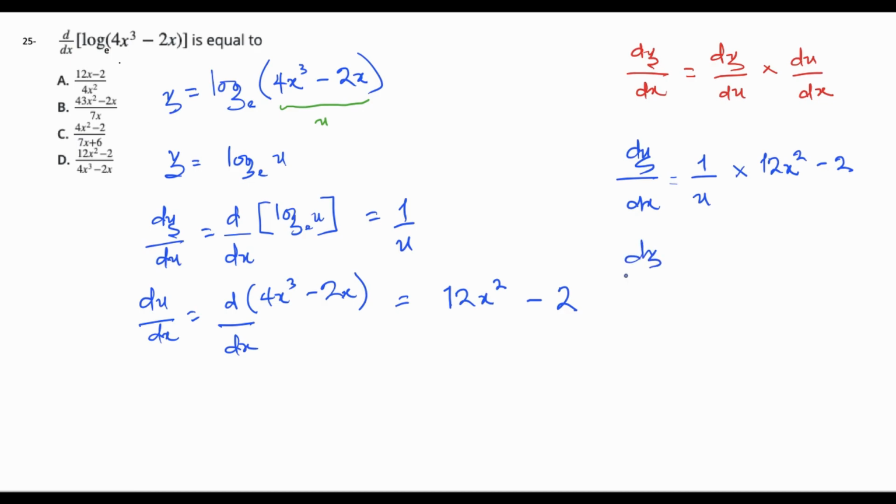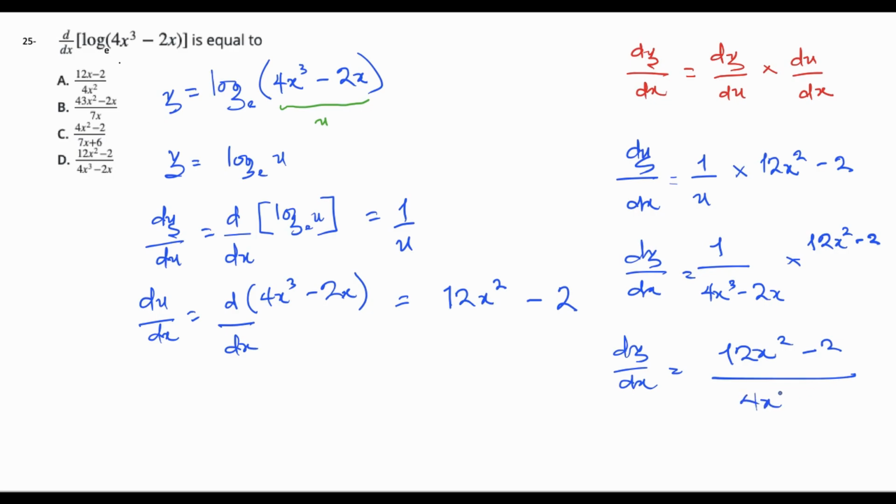So dy/dx is now equal to 1 over, we bring in our u back here, which is 4x cubed minus 2x, multiplied by 12x squared minus 2. So ultimately our dy/dx is equal to 12x squared minus 2 divided by 4x cubed minus 2x. And that's our answer. And the corresponding option here is D.